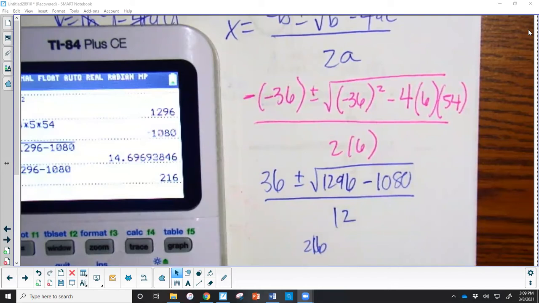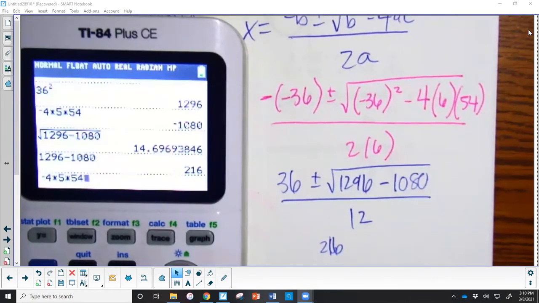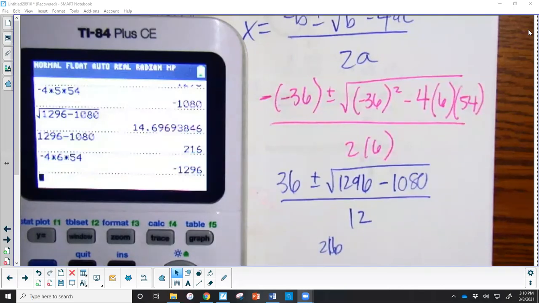Negative 36 squared minus 4 times 6 times 54. Oh, look at her. She typed in 5 here. Look, Miss Ingram's making all these mistakes when she should have typed in 6. See, these are honest mistakes that y'all could have made too.